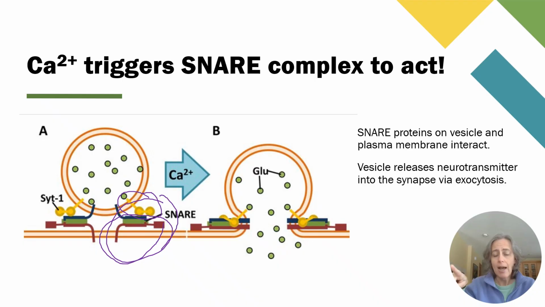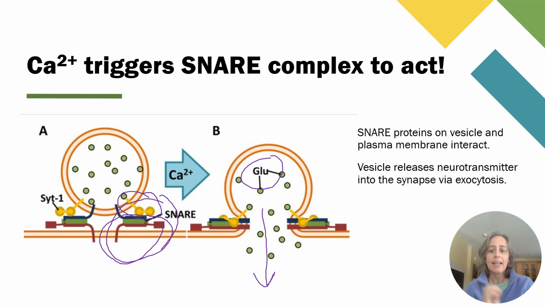Now the vesicle had a membrane of a phospholipid bilayer, just like the cell membrane does. So when they come in contact with each other, they fuse and then they can open. What that allows is the neurotransmitter, in this case glutamate, that's why you see that glu, to diffuse out into the synaptic cleft via the process of exocytosis. You might remember exocytosis literally means exit from the cell. Now it's like the door's open and the neurotransmitter is going to drift out into the synaptic cleft.